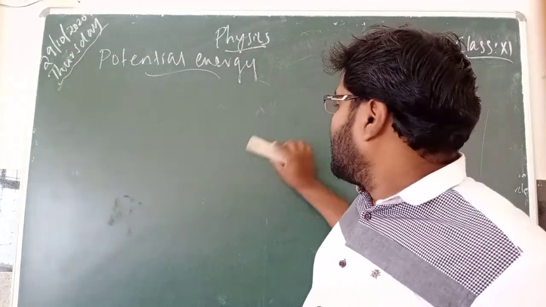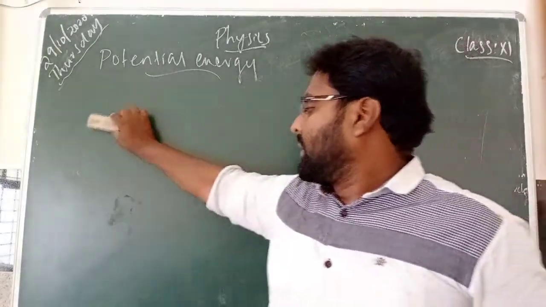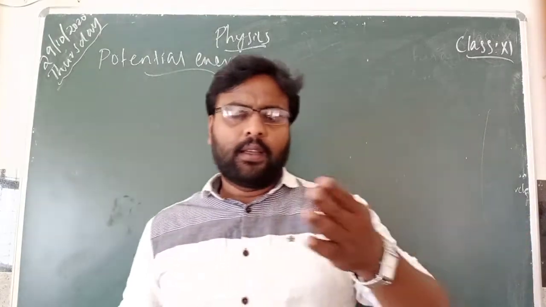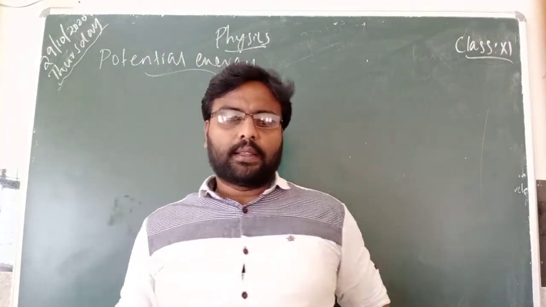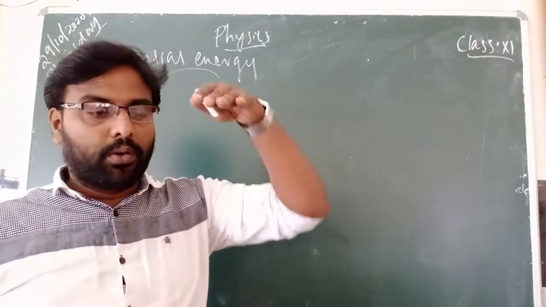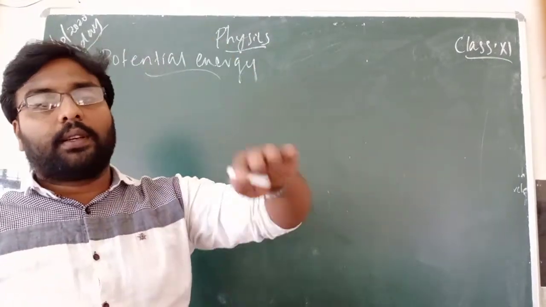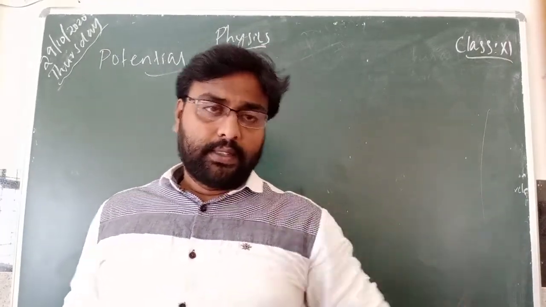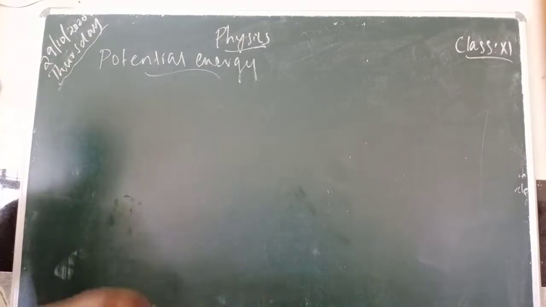Now, potential energy near the surface of the earth is also included with this. For a 5 mark question, first you have to write this definition, page number 176. This potential energy definition you have to write.